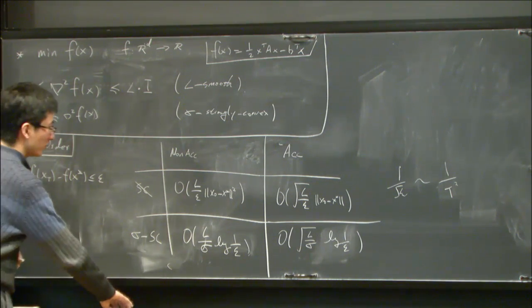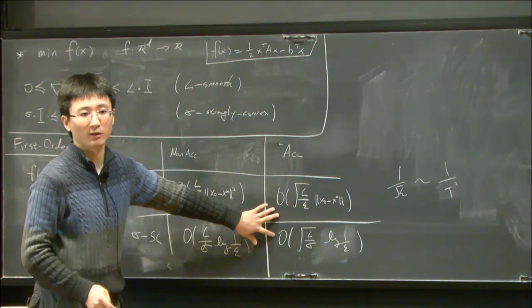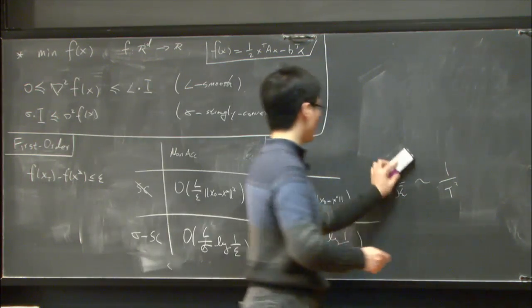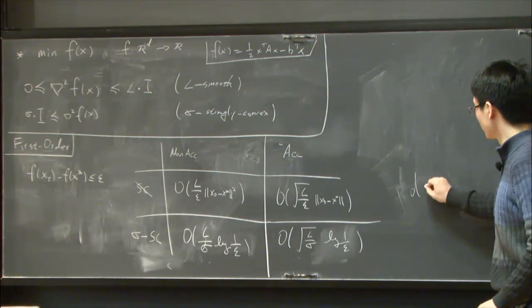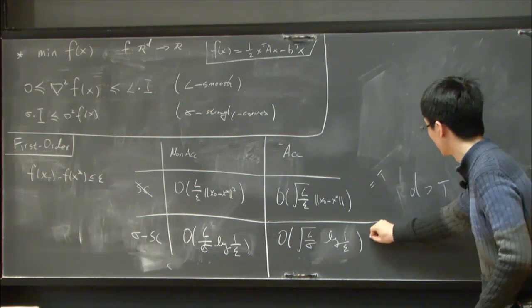I'm saying that these two match the lower bound in this model if the dimension is high, meaning larger than t, the number of iterations here. Then it's tight.